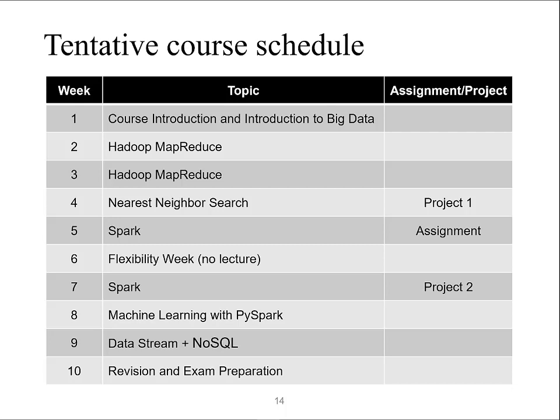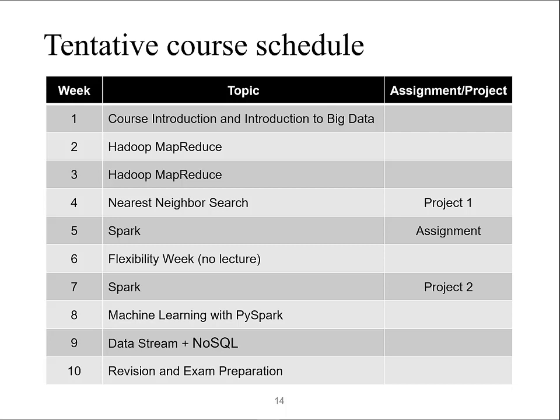So in week 1, we will go through the course introduction and the introduction of big data. In week 2 and 3, we will introduce Hadoop and MapReduce. In week 4, we will introduce Nearest Neighbor Search in high-dimensional big data, and we will release our project 1.